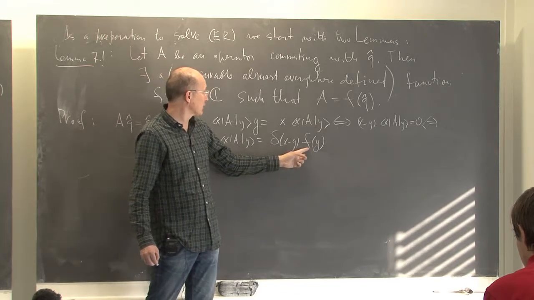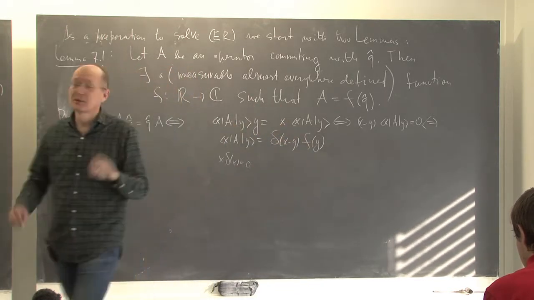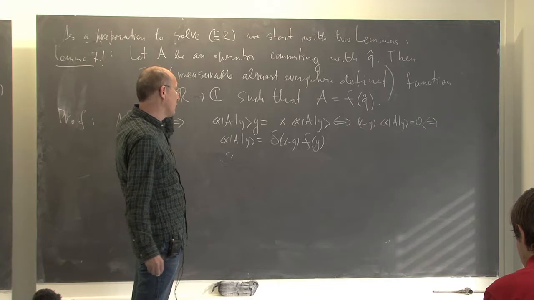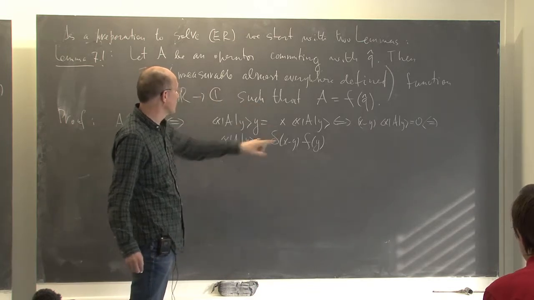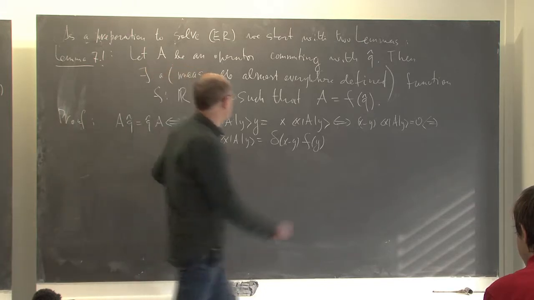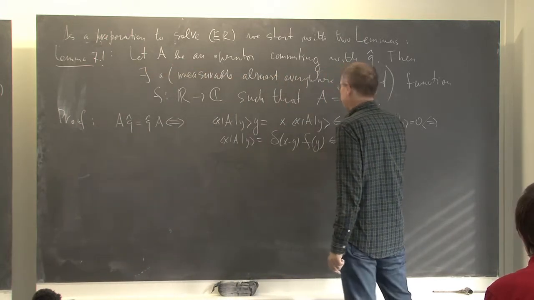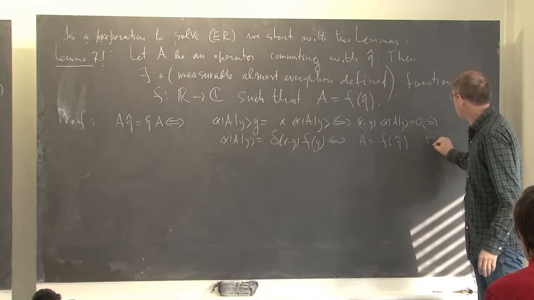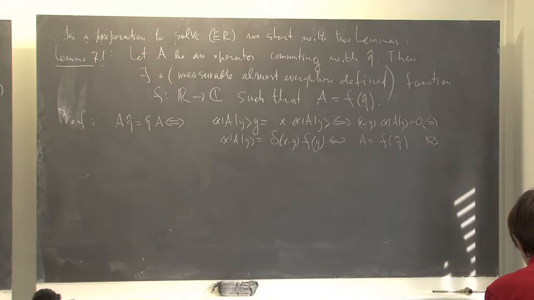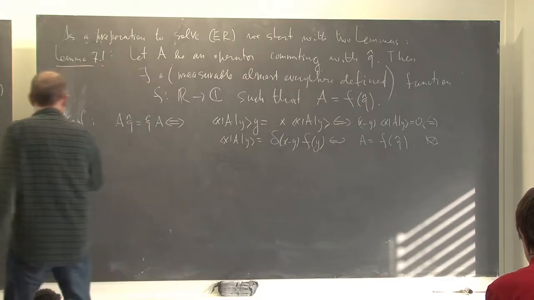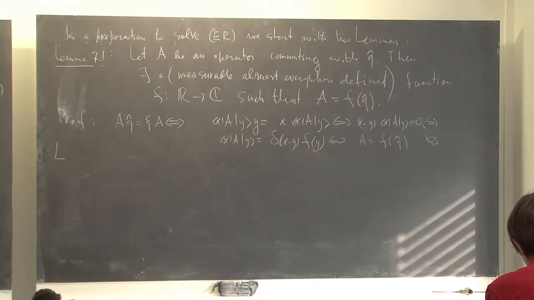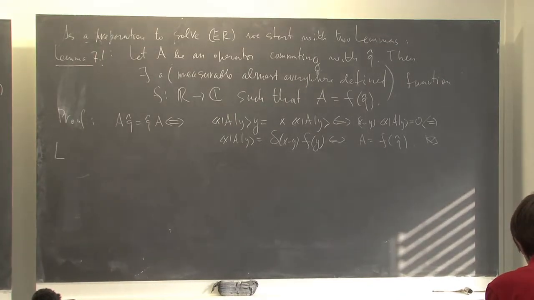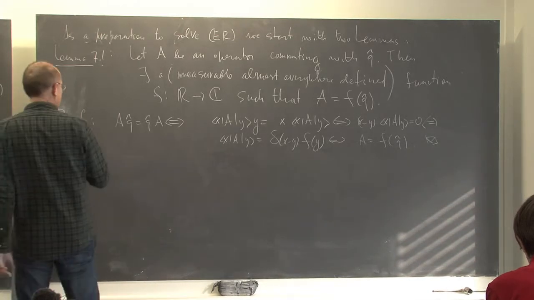But it can be even a delta function of y, so it doesn't contradict, because this is an even more extended statement. But for us, it will be sufficient to work with just usual functions. And now this is equivalent to the fact that A is f of q. The end of the proof. As I said, we did this lemma in the context when we proved the irreducibility of the Heisenberg-Weyl representation of the Heisenberg group.